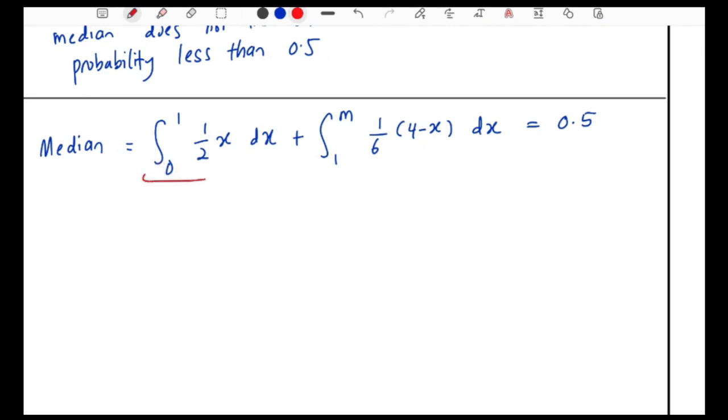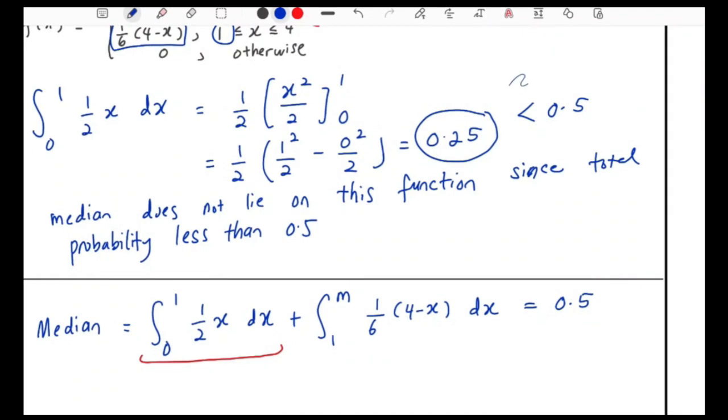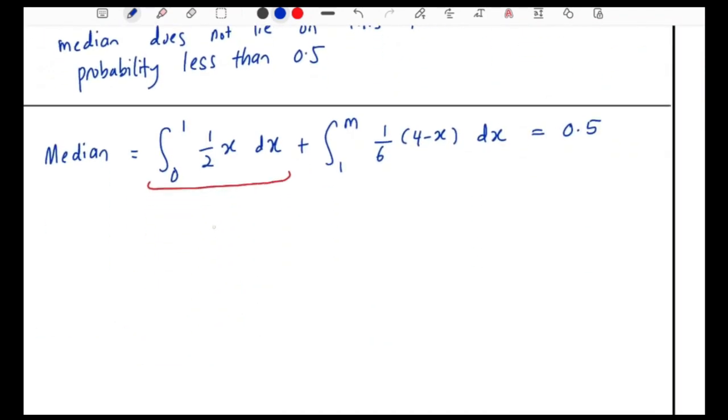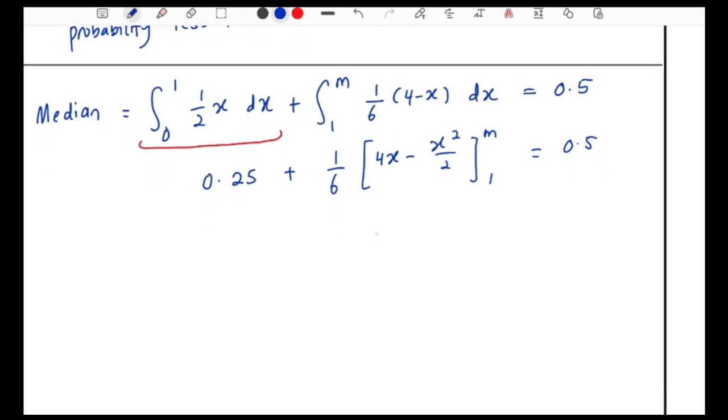So here, I'm just going to get the value that we got when we did the checking part, which is 0.25. And then integrate this one here, will give us 4x minus x squared over 2. Substitute m, 1, make it equal to 0.5.